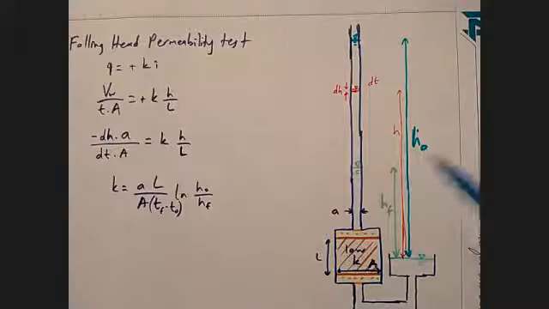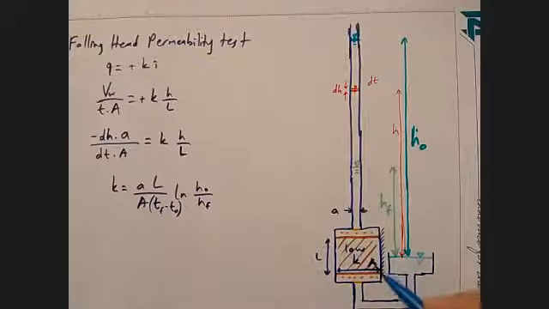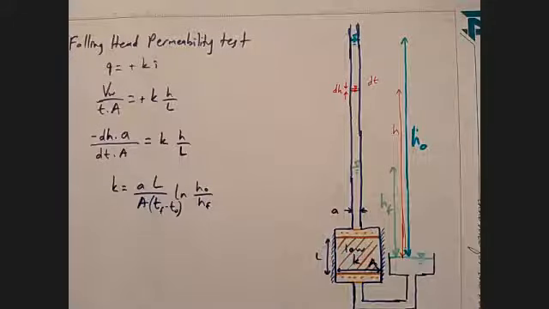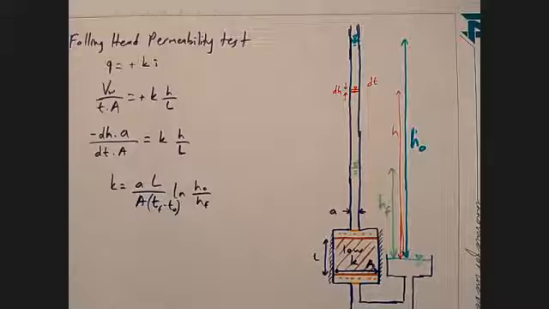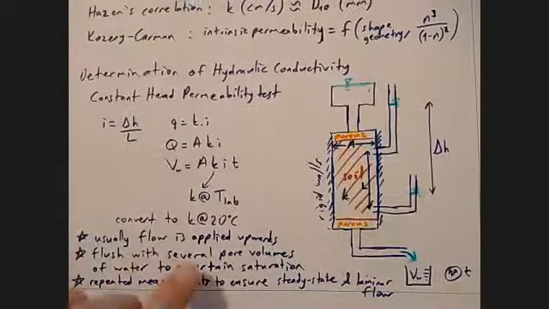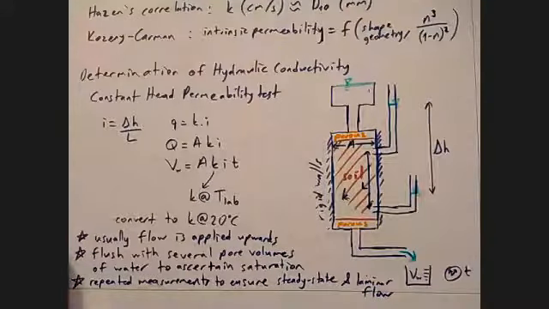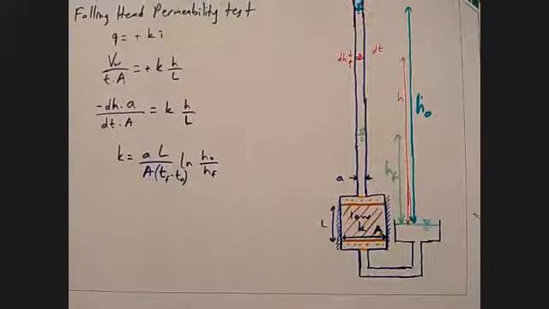So in this way, we can determine lower hydraulic conductivities, but still this presents a problem. The bottom notes I put for constant head permeability are also valid here. So in this one, not necessarily upwards flow, but you have to make sure it is saturated and more or less steady state.